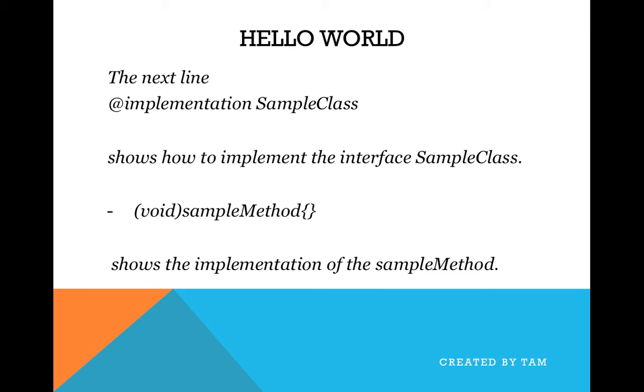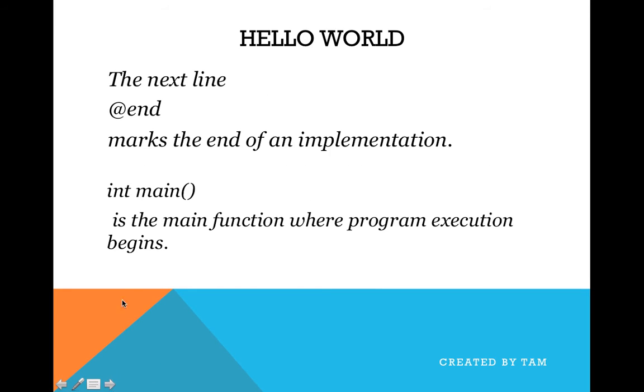Like we can declare any variables, we can introduce any constants and variables, and then we can input any logic that we need to do in this method. The next line, @end, marks the end of an implementation.